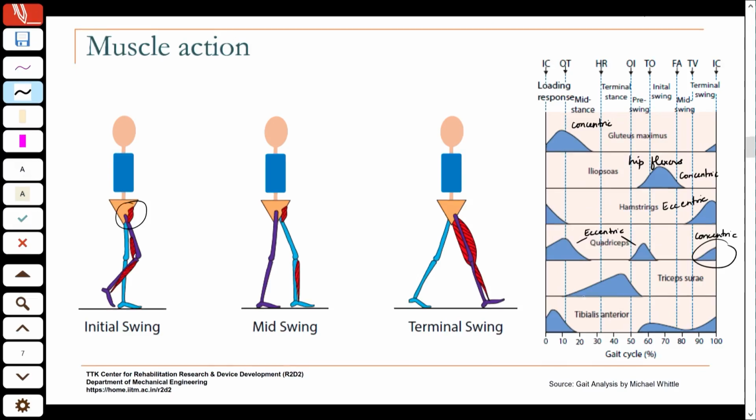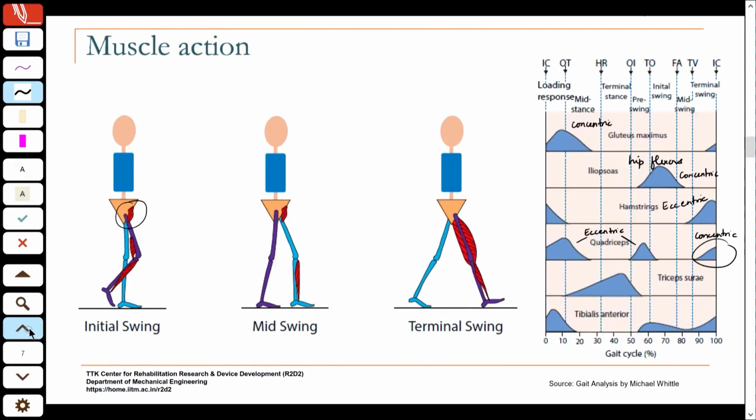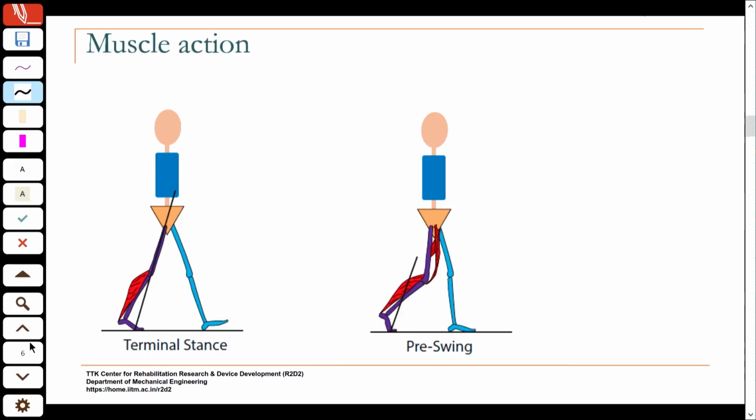In the case of the triceps surae, mid stance to terminal stance, okay, they are putting the foot into plantar flexion. So, if you see here, this pushing off, you have significant activity in the triceps surae at the push off stage to propel, you are pushing off on the ground.